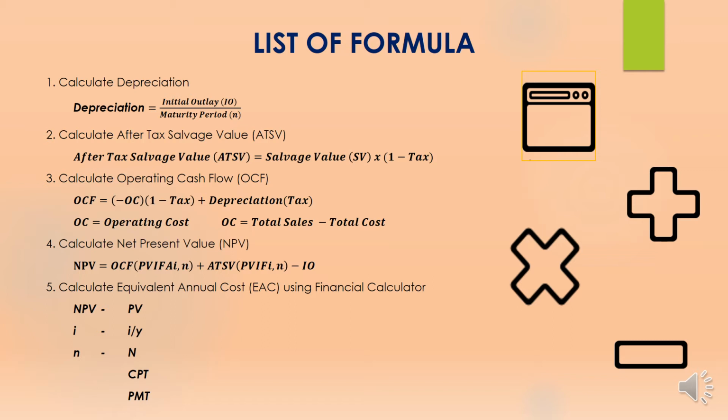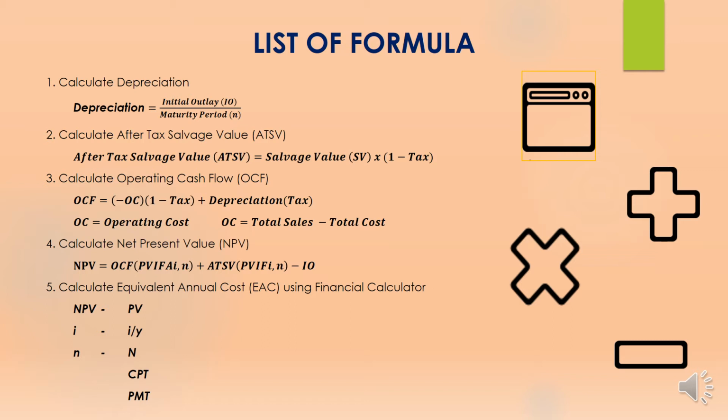In step number 4, you will calculate net present value, which is NPV. To calculate NPV, the formula is equal to OCF times PVIFA I,N, where PVIFA I,N is calculated using the financial calculator, plus ATSV times PVIF I,N.